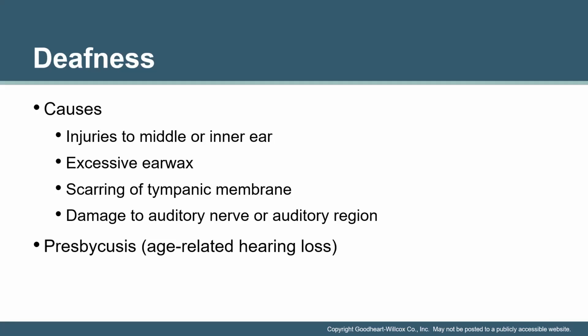Presbycusis is age-related hearing loss, okay? Those little bones within your inner ear, they can become arthritic, they can become damaged, the fluid can decrease, the nerves can become damaged, all kinds of things. Now, you don't have to lose hearing because of loud noises. This can come from toxins. I think that's actually super common.